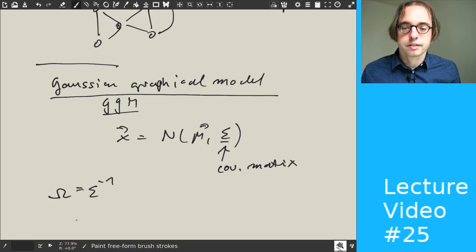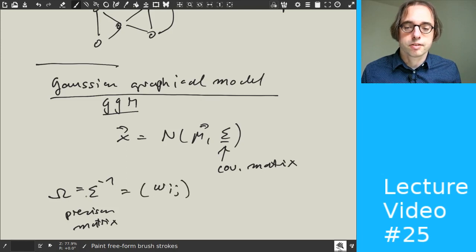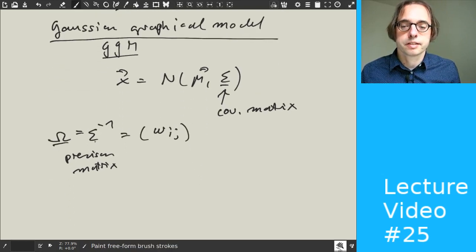That's the precision matrix, and it has components omega ij. So it's a matrix, this is the matrix inverse, and these are the elements of this matrix.